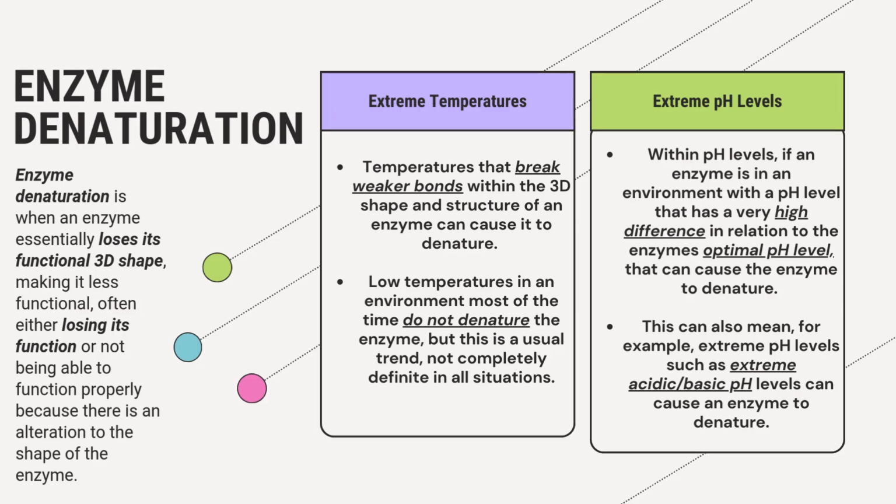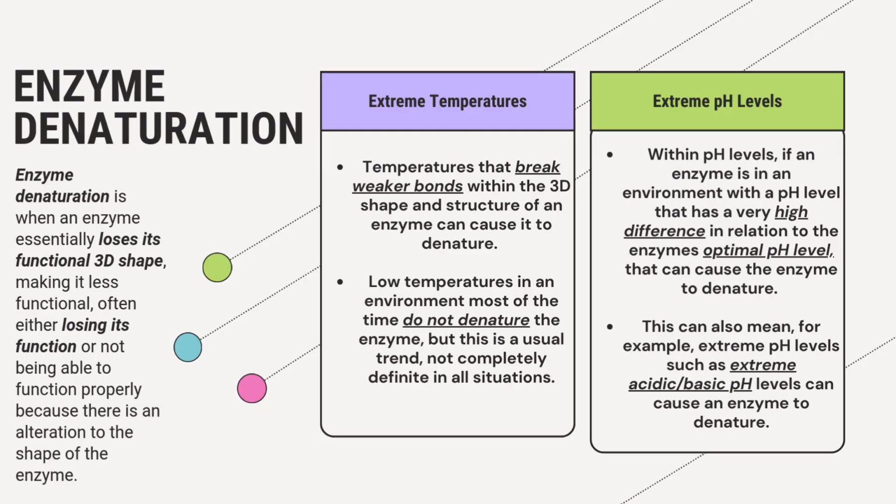So let's talk about enzyme denaturation. Enzyme denaturation is basically when an enzyme loses its functional 3D shape, making it less functional, often either losing its function or not being able to function properly because there is an alteration or change to the shape of the enzyme. These are some factors that make denaturation happen.